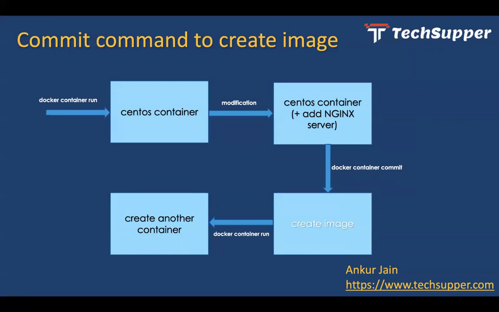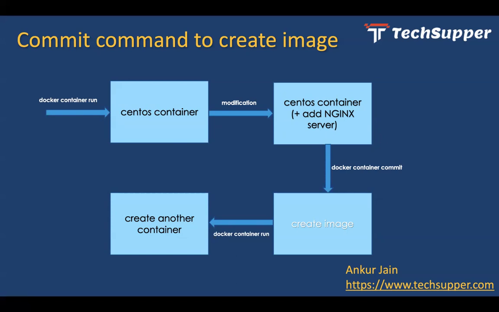So what you can do, you can use the container commit command to create a custom image of that container, wherein you have done modification, like you have added nginx server and other dependencies, and then you can create an image out of this container.